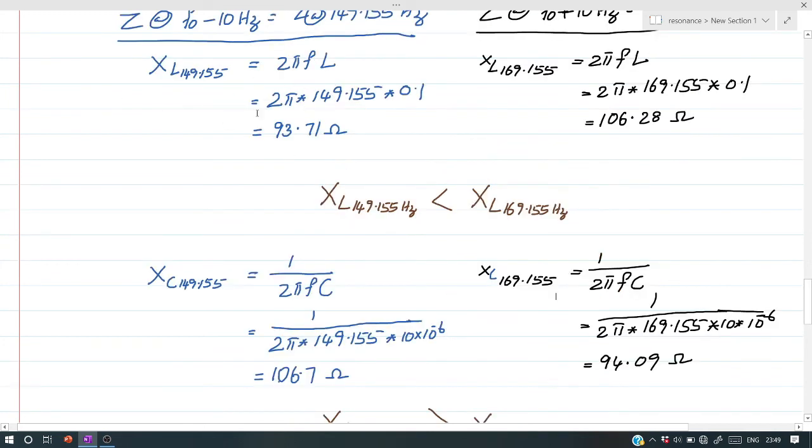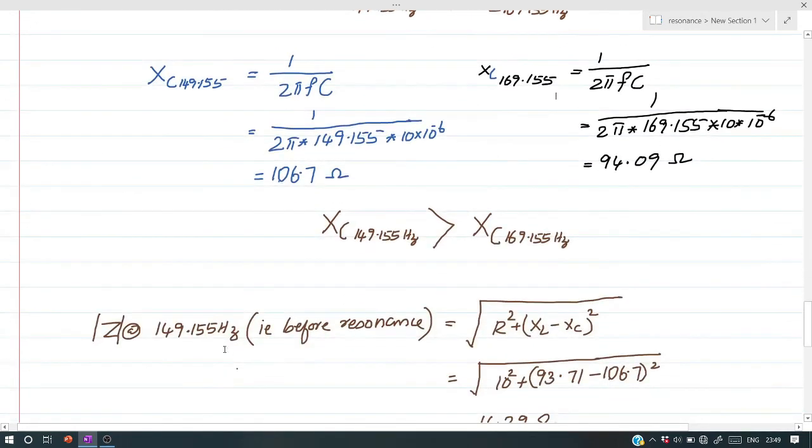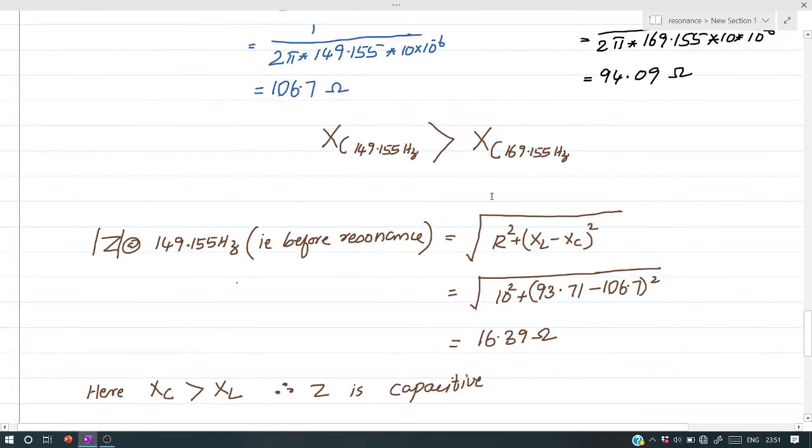When we compare these two values, XL and XC, corresponding to 149.155 Hertz, which is less than resonance frequency, it can be seen that XL is less than XC. Therefore, impedance is capacitive.